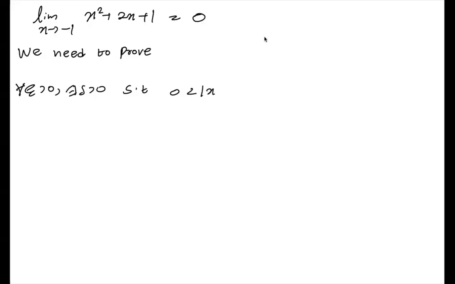We can just write it as x plus 1 squared. And then if we need to prove this, we need to prove that for all epsilon greater than 0, there exists delta greater than 0, such that 0 less than absolute value of x plus 1 less than delta implies absolute value of x squared plus 2x plus 1 minus 0 less than epsilon.